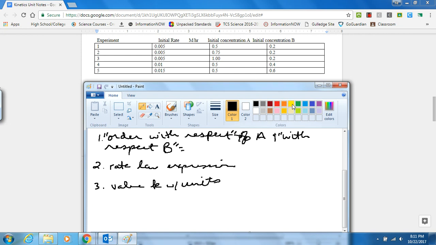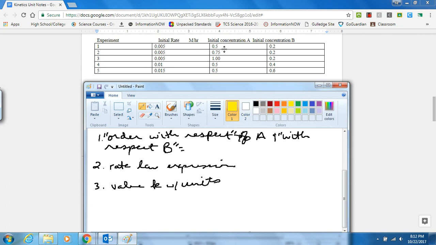So if I want to figure out the order of A, I might want to pick 1 and 2 because I see that A is changing concentration, but B's not. Or I could pick 1 and 3 because B is staying the same. Or I could pick 2 and 3. Which one you pick doesn't matter as long as B is staying the same if I want to find the order of A. So since these 2 numbers are close together, let's just pick experiment 1 and 2.